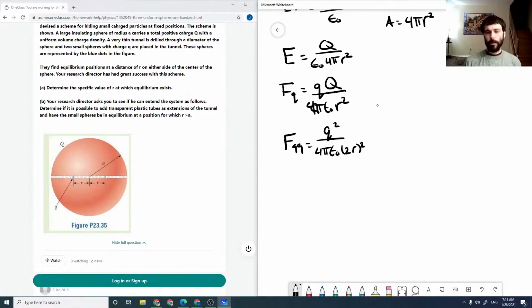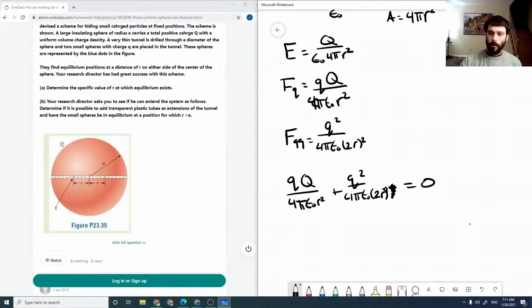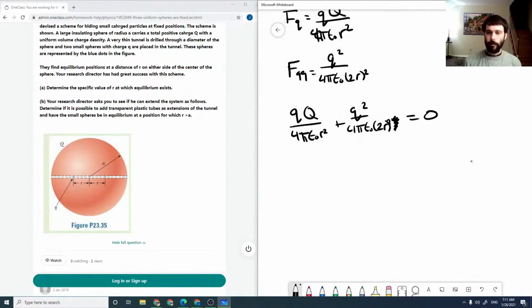Summing our two forces and setting the acceleration to 0 will allow us to solve for the equilibrium.